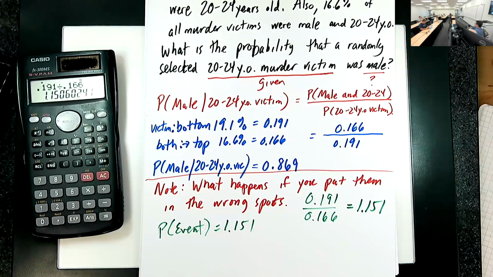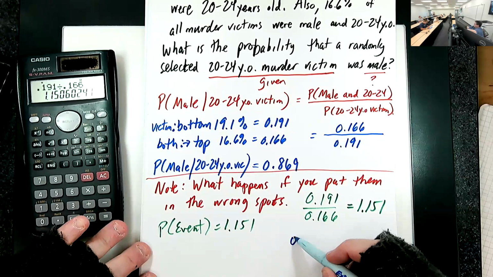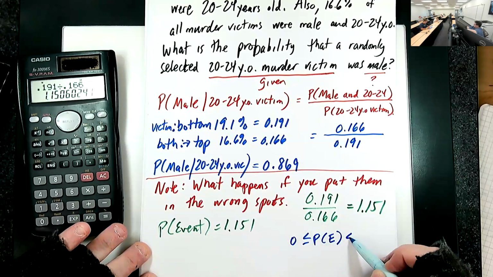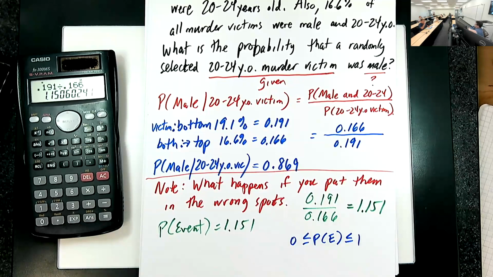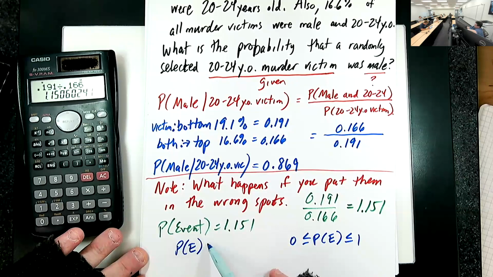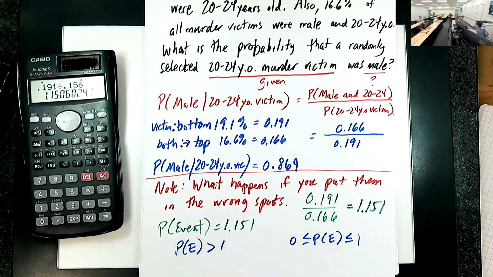One of the first rules: there's only two rules for probability, and this violates one of them. Probabilities, for any event, have to be between 0 and 1. This event is greater than 1, which tells me I got something wrong.